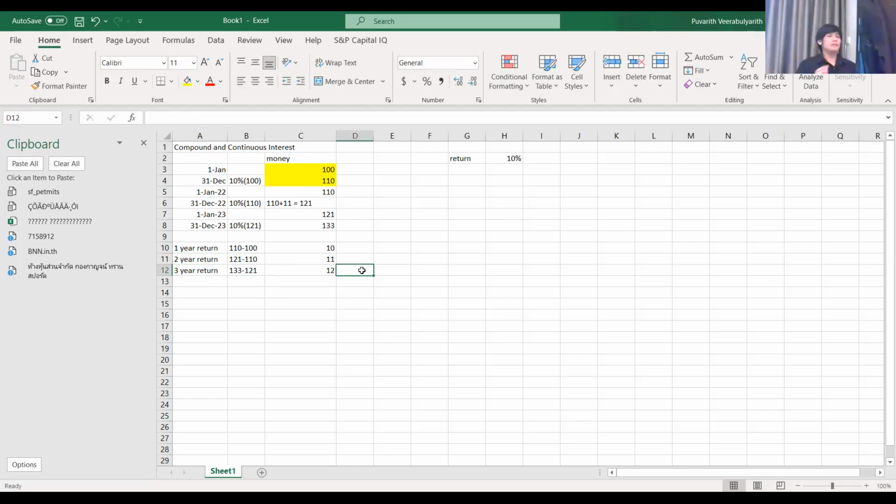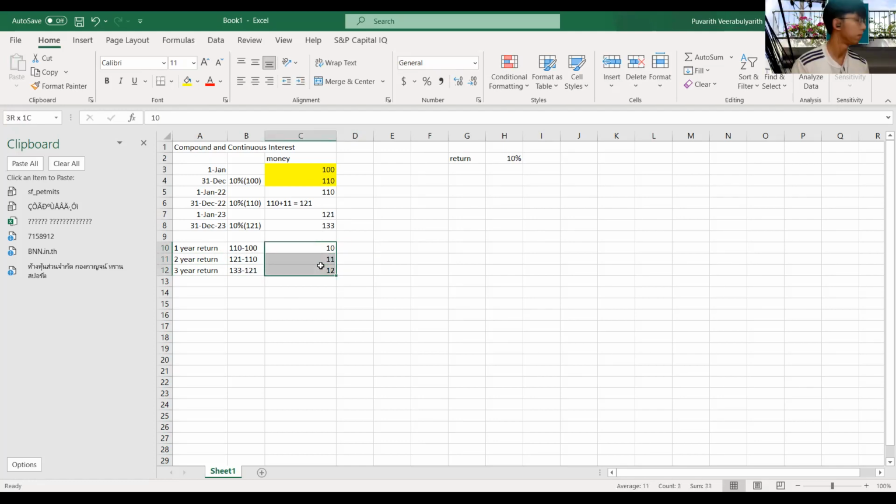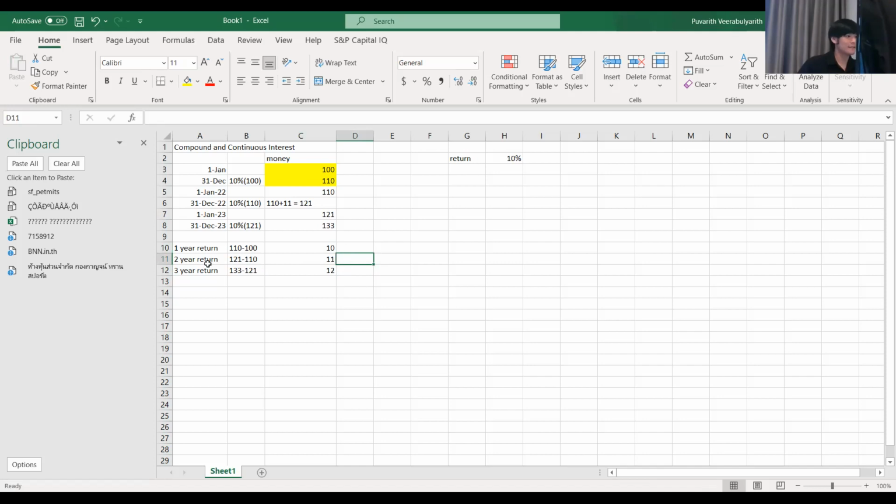The thing I want to show you is that our return increases every year. As you can see, it increased 1 baht, and this also increased 1 baht: 10, 11, and 12. It's not 10 all the time, but it increases.